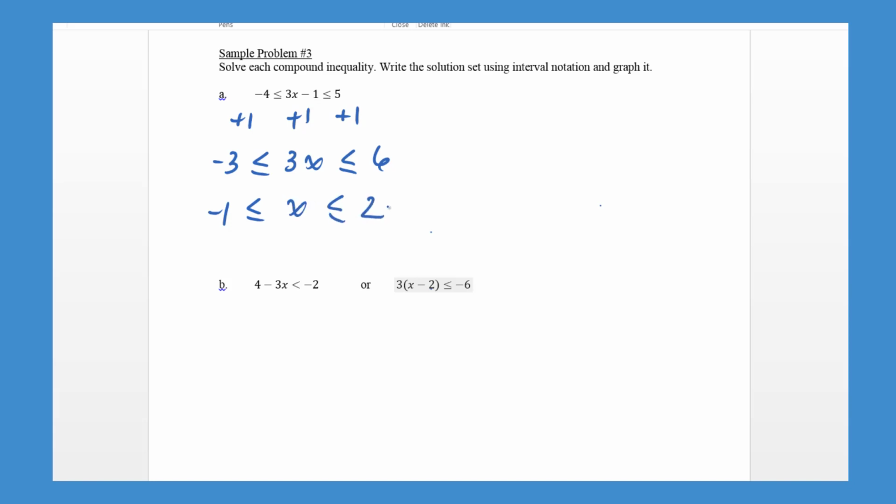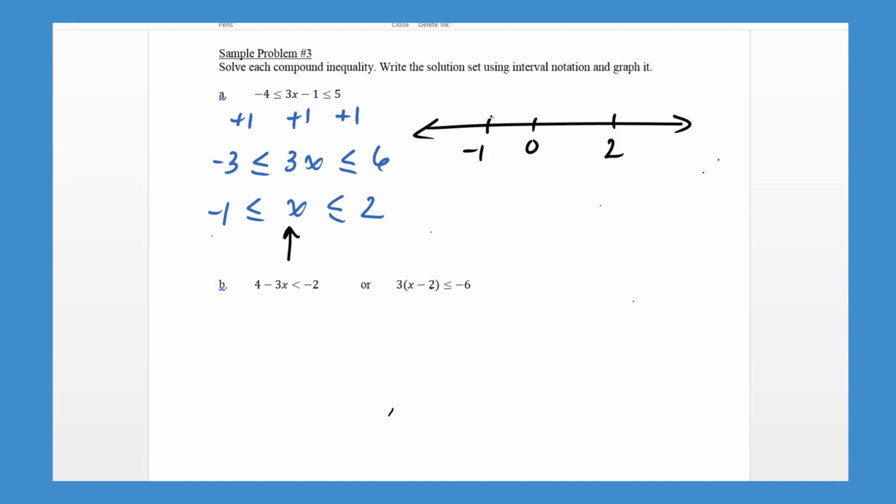And so I have this compound inequality that's simplified. It's an and statement, so you can really look at this part here and see that the x is between the negative 1 and the 2, and that can really help me graph this. I'm not going to get super involved with my graph here, but that's basically telling me it's all the values in between negative 1 and a positive 2.